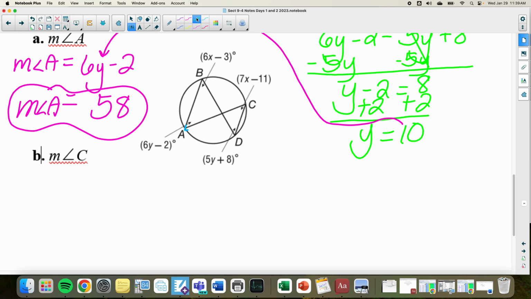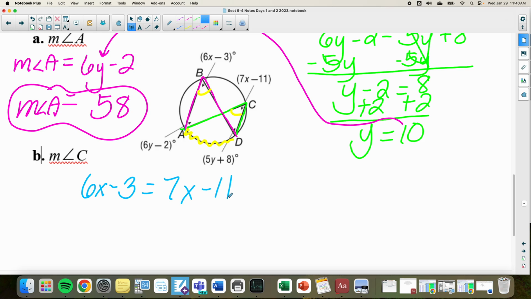In this one, angle C is this angle, and that is going to equal angle B here, and they both intercept that arc. So that means these two are equal, okay? So I can say 6x minus 3 equals 7x minus 11.